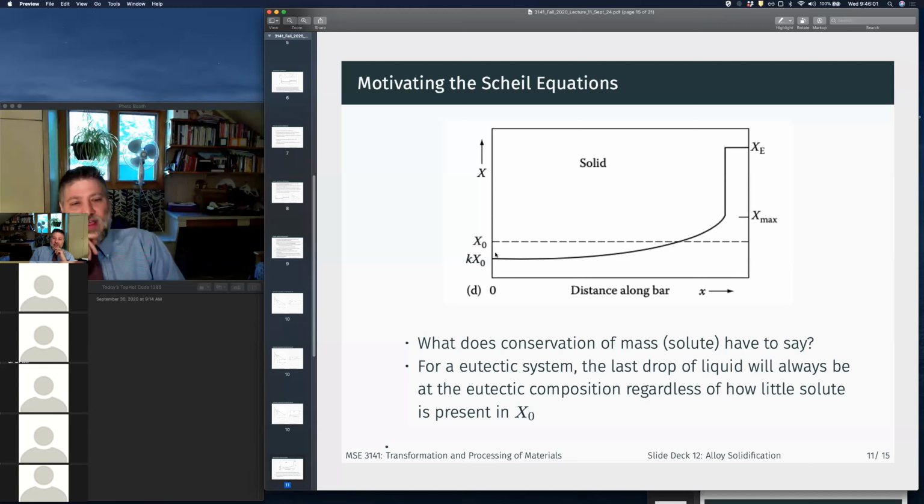Now we're thinking about a case where I would say we have para-equilibrium. We always have to have highly localized equilibrium at that interface, but the rest of our system is changing. The composition of our solid changes with space and time, and the composition of our liquid changes with space and time.